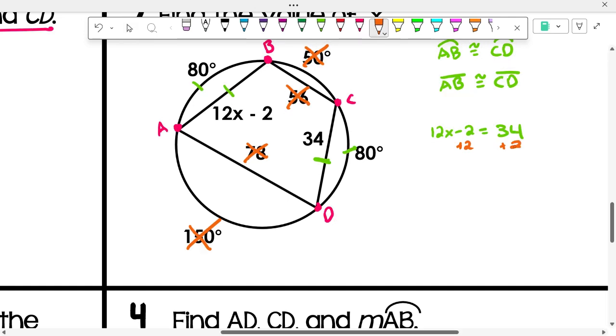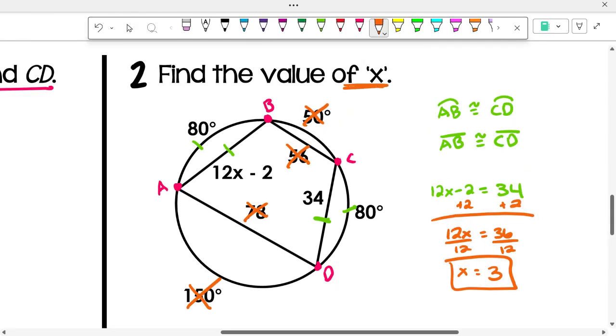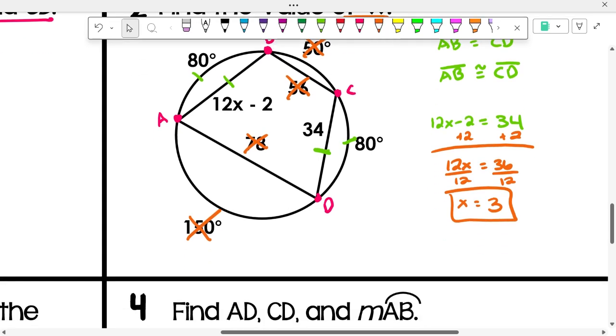So I'm going to add the 2. 12x is equal to 36. Divide by 12. What's 36 divided by 12? 3. And since they said to find x, we can stop at x is equal to 3.